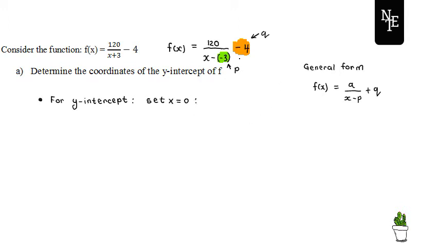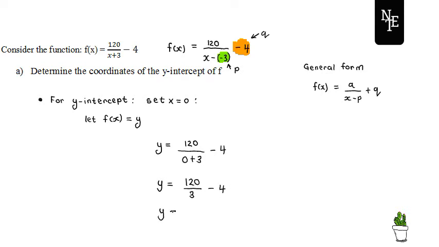So when we set x is equals to 0 in our function, we can even say let f of x equal y. Then we'll have y is equals to 120 divided by, well, we want to set x equals to 0, so we'll have 0 plus 3, and then we still have minus 4. So then y is equals to 120 divided by 3, and then we still need to subtract 4 from that.